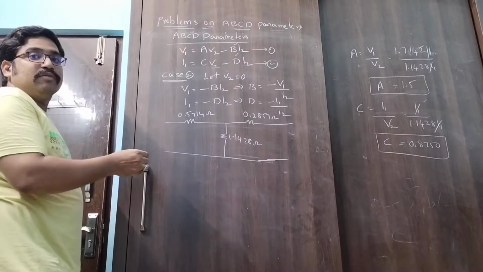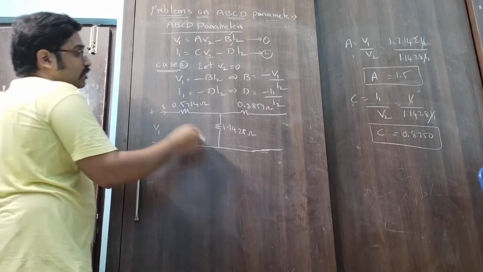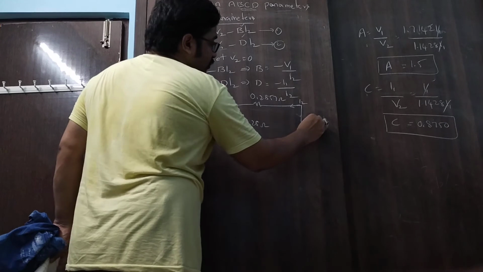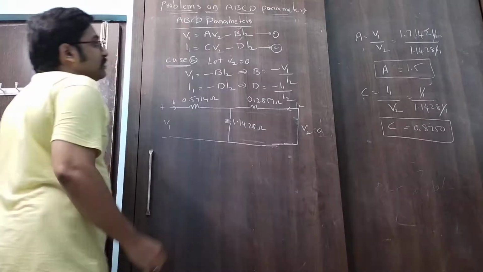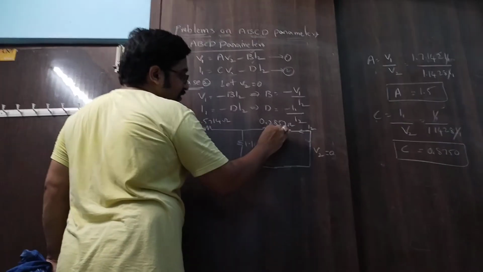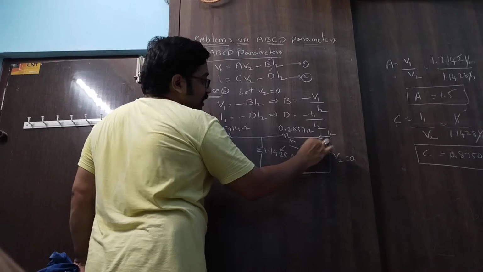Now you need to give the variables. Four variables are there, no? That is input voltage, input current, then output current. Here V2 will be 0, that means you have done the short circuit. Once you have done the short circuit, this resistance and this resistance are both in parallel.